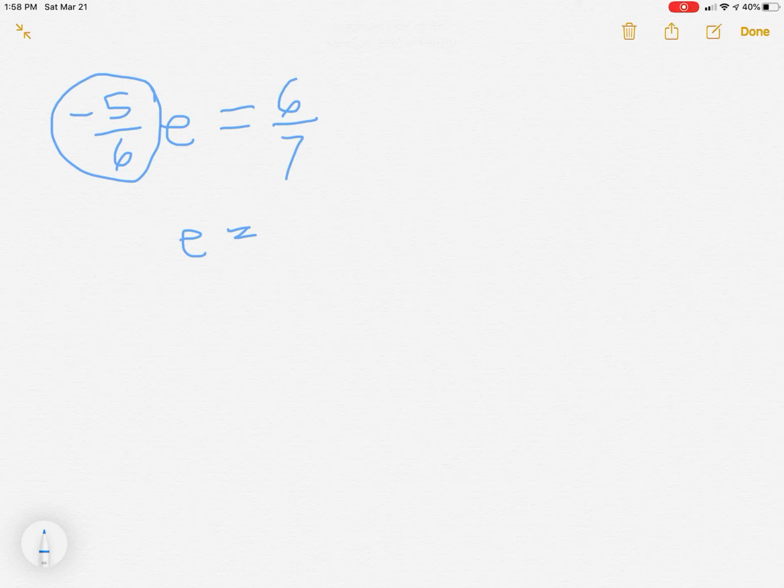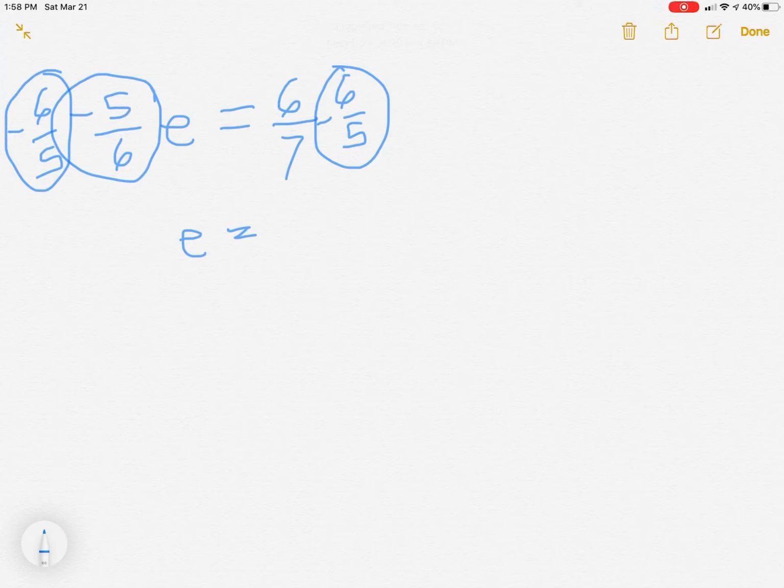Reciprocal is when you turn this number upside down, so it would be a negative 6/5. That's the reciprocal, and I'm going to divide, or multiply, both sides by that, so negative 6/5.